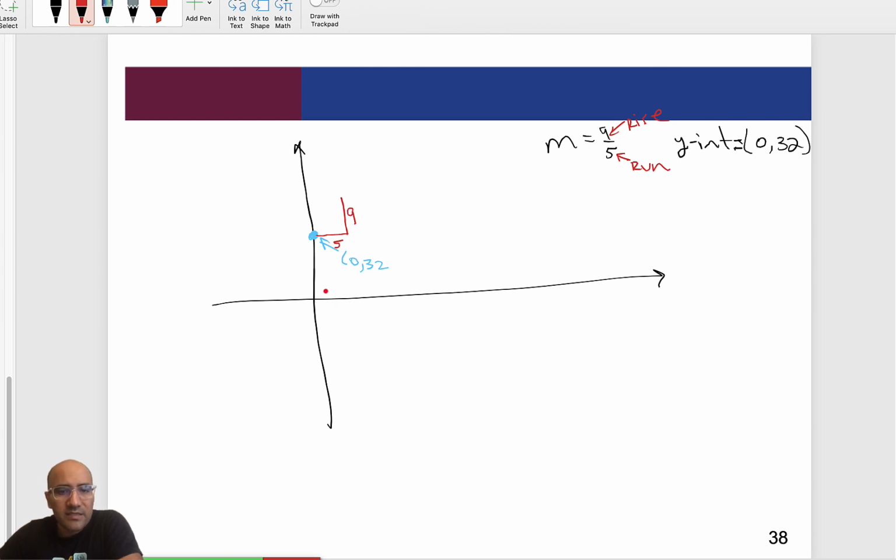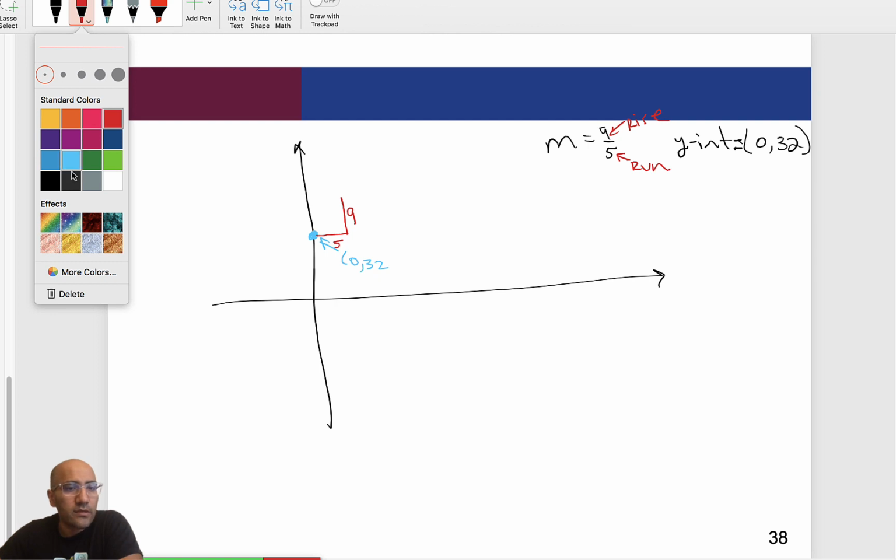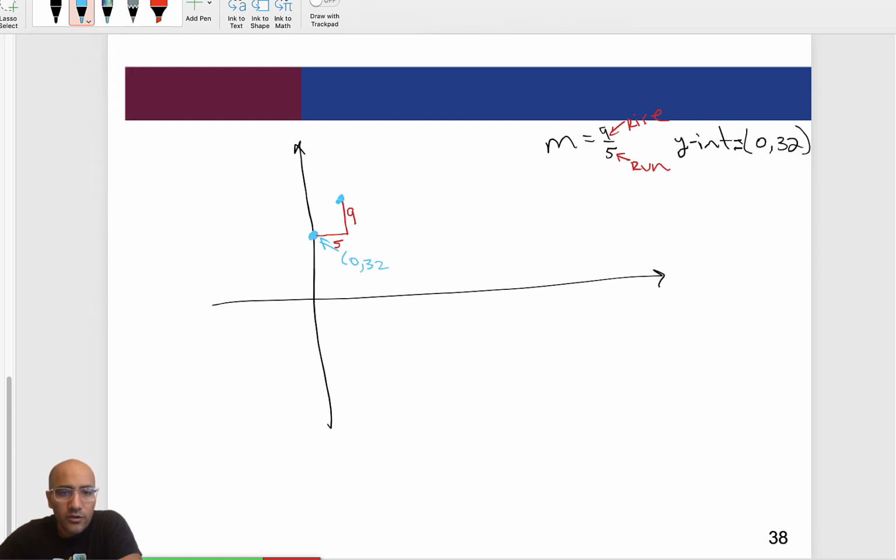And it's not really up to scale because according to my graph, the distance from here to here is 32 units, but then this distance is 9 units. So it's not quite up to scale, but that's okay. As long as we label ordered pairs, then people will be able to follow what's going on. Okay, so we should arrive at another point on the line, and then we can connect them.